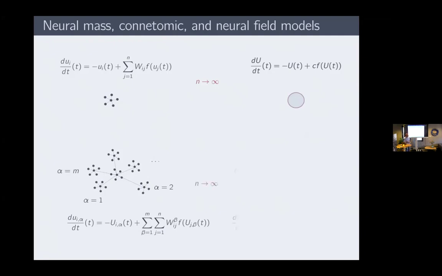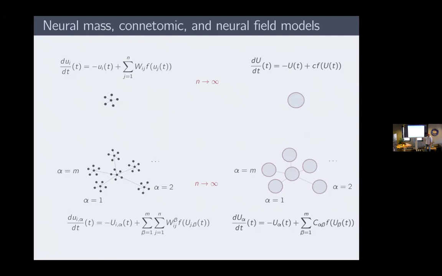And I can play the n goes to infinity game here, and I'm going to get a set of what I call neural mass models, in which these connections, that are called connectomes, you might have heard these words, tell you how A and B populations are linked. But who am I kidding? These equations are just nothing but those equations, right? It's just I'm relabeling stuff around.